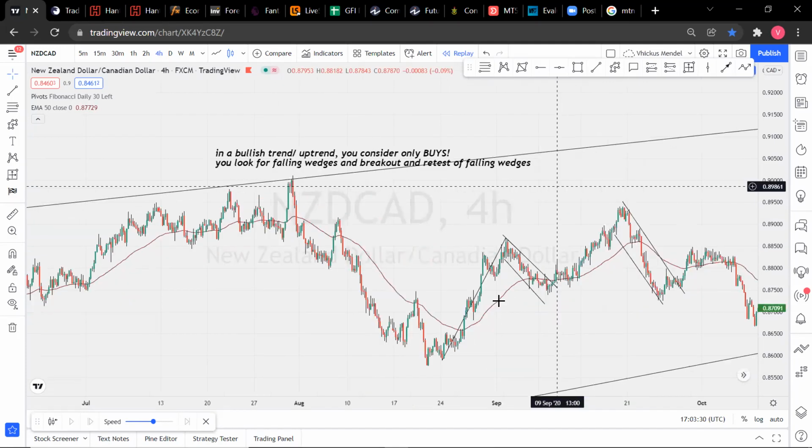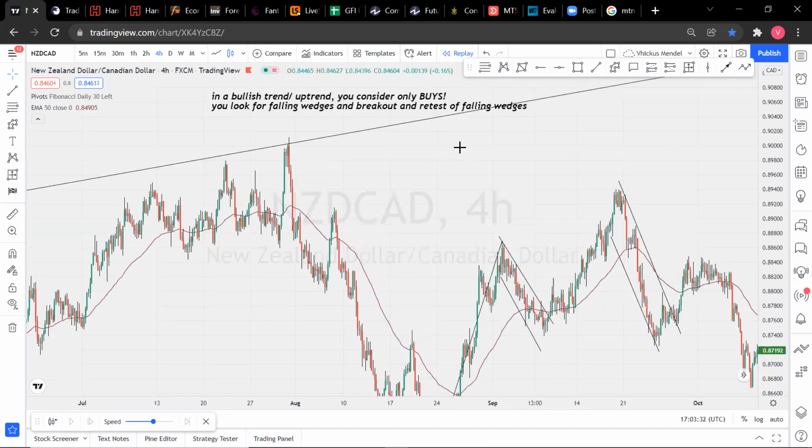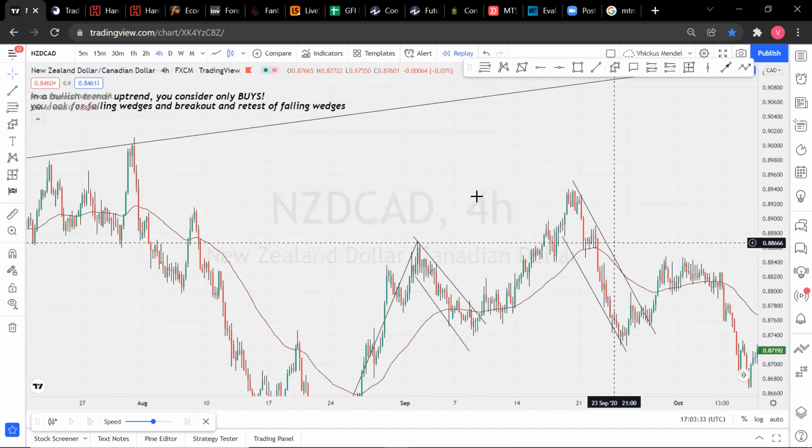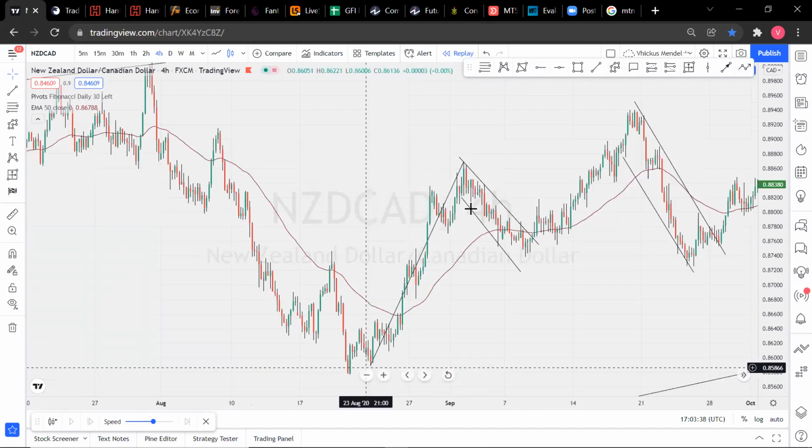So look at something like this. This was an impulse move, then a correction. It gave you the wedge. Correction.